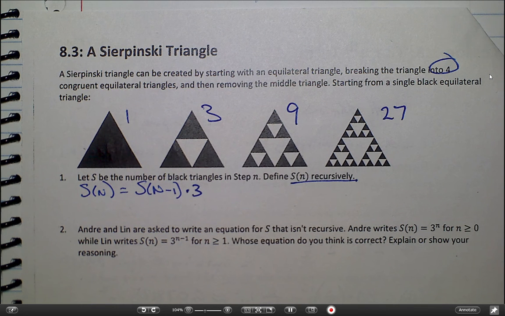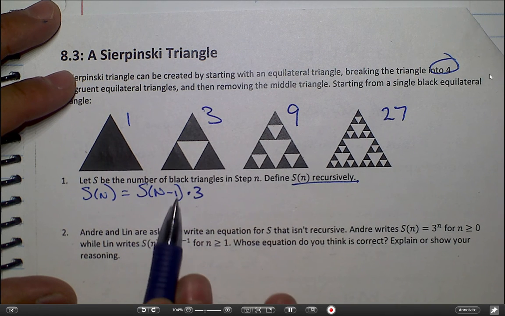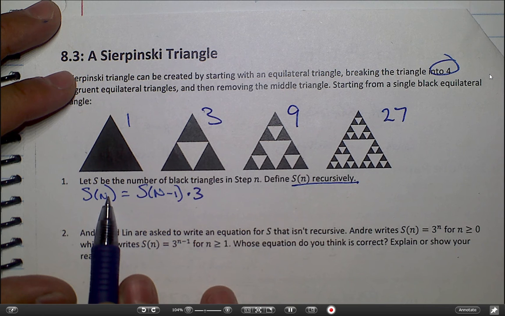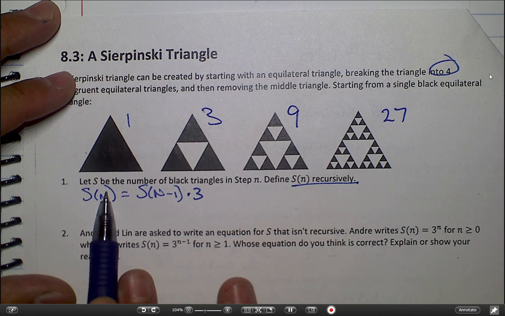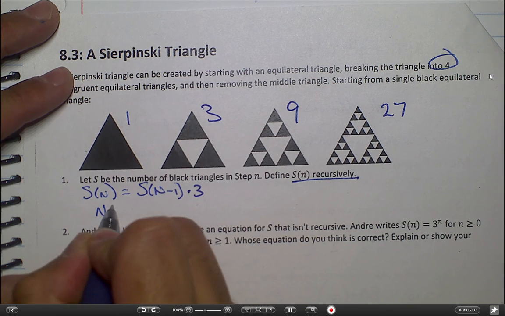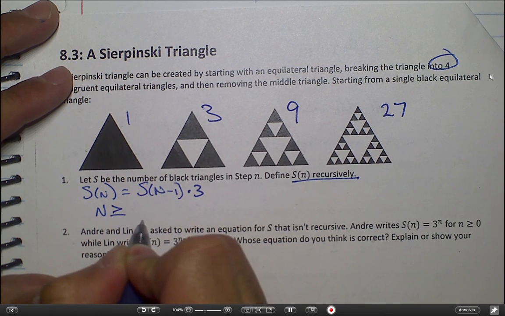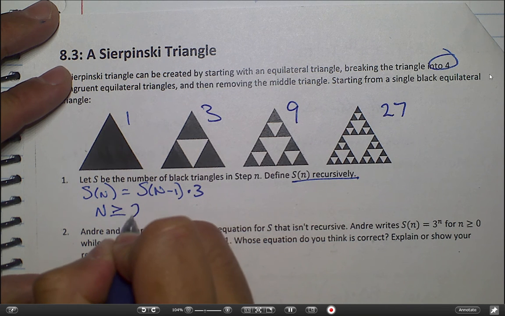So now, what values of N am I using here? I'll start off with 1, right? In this case, I have to have the first one given to me. So my pattern for N would be N has to be greater than or equal to, not 1, 2.